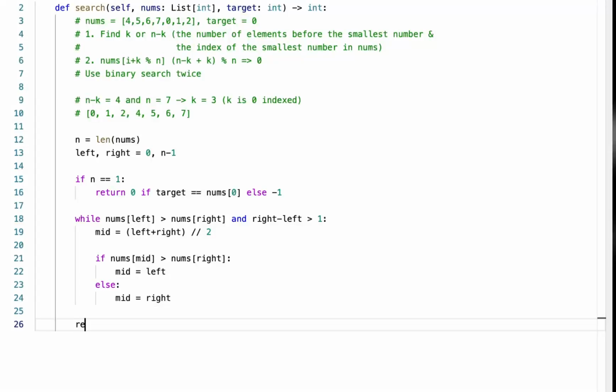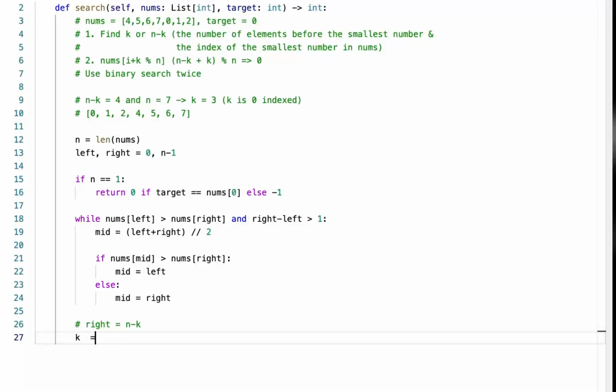And we will be returning the answer. So k is going to be n minus k, so our right is equal to n minus k, as we saw earlier.